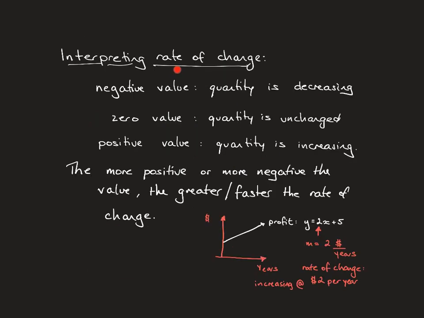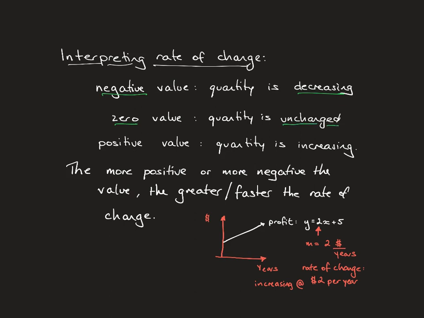So what does the rate of change tell us about a function? If the rate of change value is negative, then the quantity that you're measuring on your y-axis, so down here, is decreasing. If the rate of change is 0, then your quantity is unchanged.